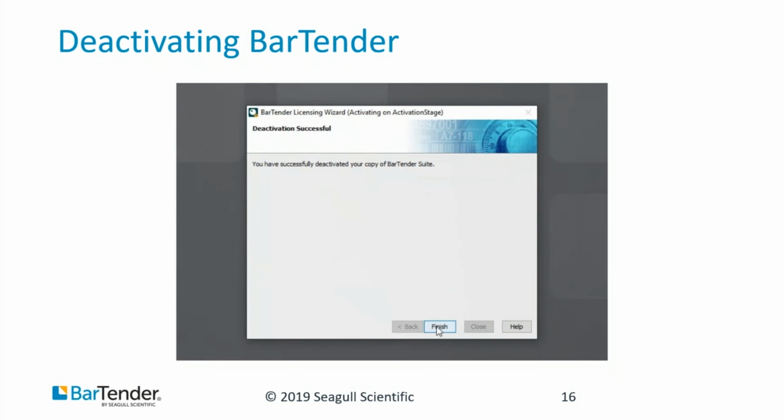We're going to double check that we have an internet connection, and as long as we do, we see that we've successfully deactivated our copy. In this scenario, that key code is then ready to be activated elsewhere or be used in another network or whatever your scenario called for. And that would be how you deactivate your actual BarTender license or BarTender Designer, pending your scenario.